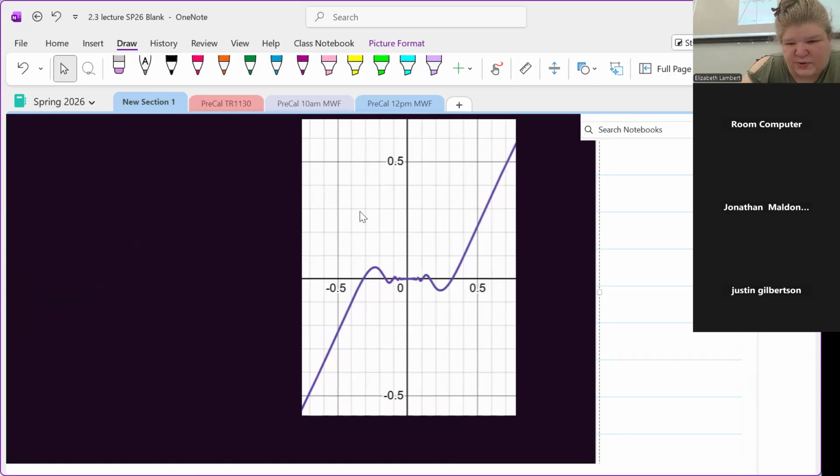But it appears that as we're getting closer and closer to zero, this one is getting closer and closer to zero as well.